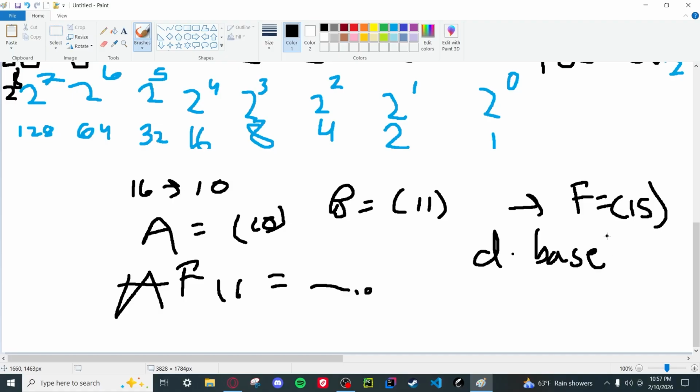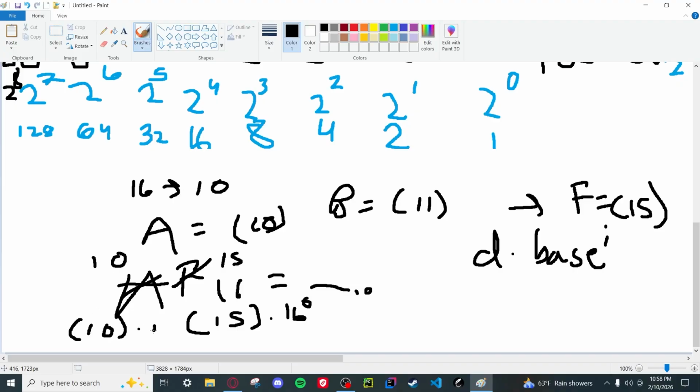It's the exact same steps we've talked about. F, don't let that trick your brain, view that as just the number 15. So we're saying the number 15 times 16 to the 0th power, which is just 1. A, just view that as 10. We're saying 10 times 16 to the first power is 16. Add them together and you just get 160.